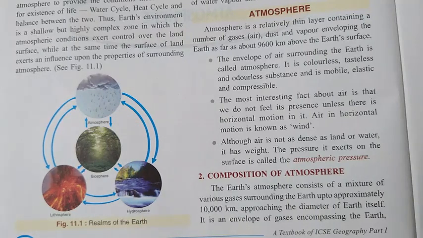Now, the earth has a very unique environment, and the environment of the earth supports life, because you already know that the earth is also known as the unique planet. Now what are the things which make our planet earth unique? All of you know that life exists on our planet, and life exists only on our planet.